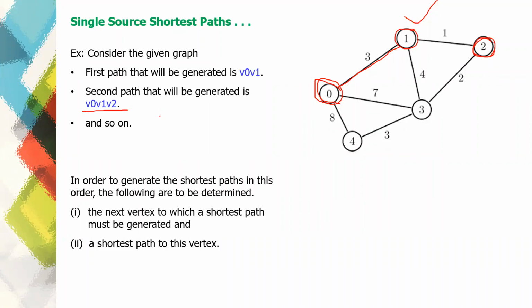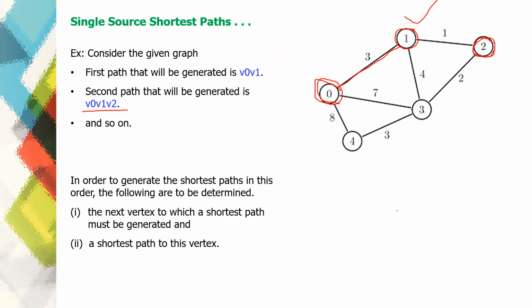So in such steps, I'll repeat these steps for 2 more times. And at the end of all the 5 steps, you will have the shortest paths from vertex 0 to all the remaining vertices.